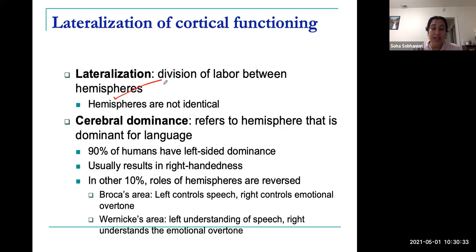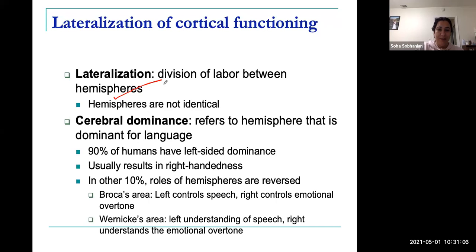So most of the people, and by most I mean 90% of humans, have left side dominance. So basically the left side of the brain is controlling your ability to create speech. That means that you are right-handed. So your right hand is going to be your dominant because of the whole concept of contralateral, right? If you are left-handed, the dominant side of the brain that creates speech is the right side.